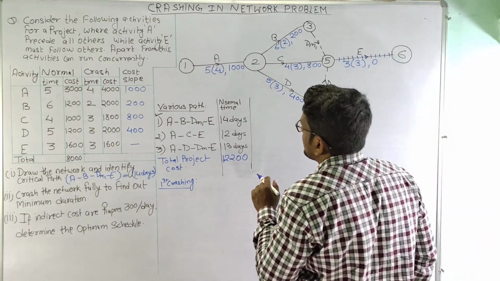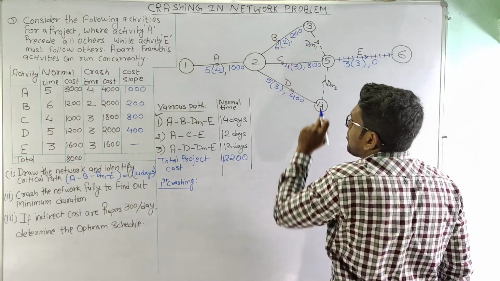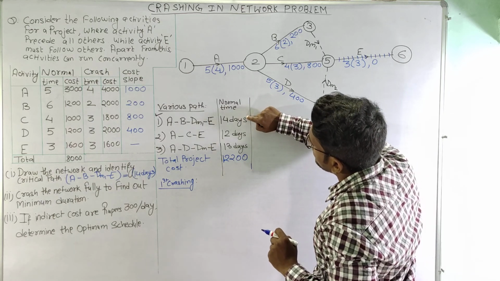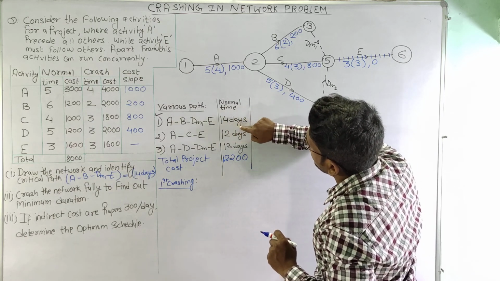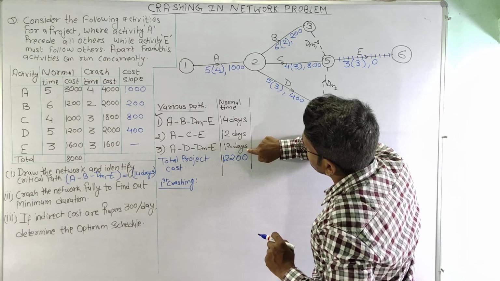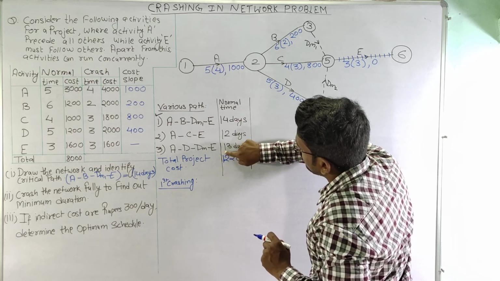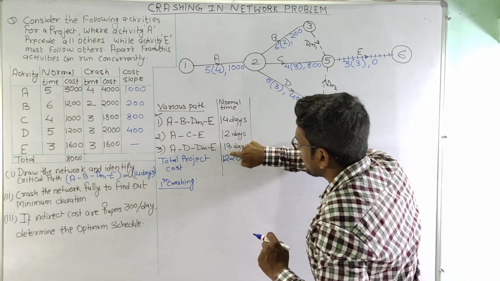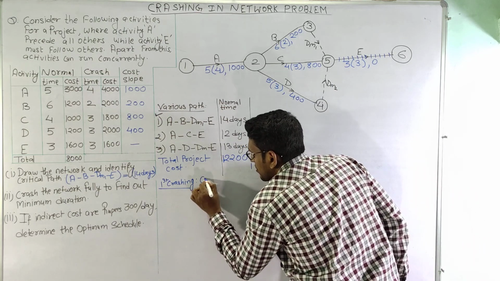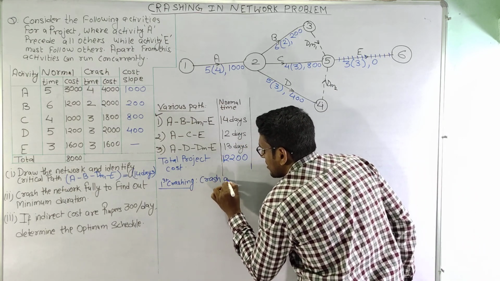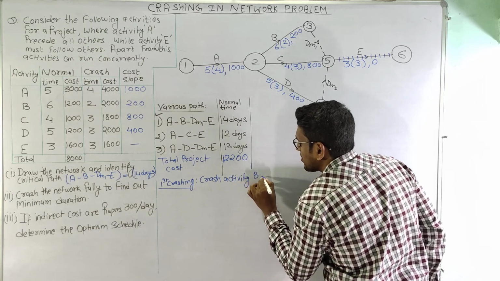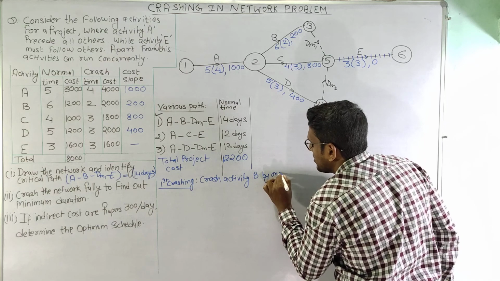So what we'll do is we will crash activity B by 1 day. Why are we doing it by 1 day? Because we can only crash this critical path for 1 day, as there is another path having 13 days as project completion time. So crash activity B by 1 day.